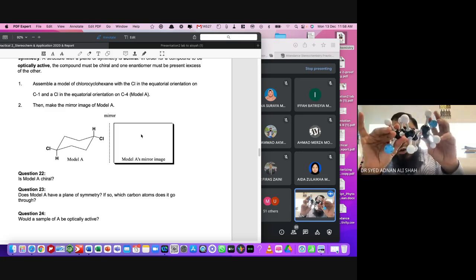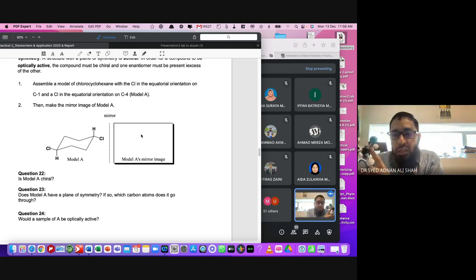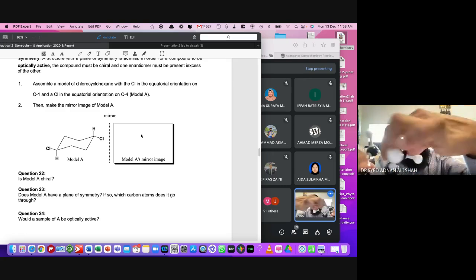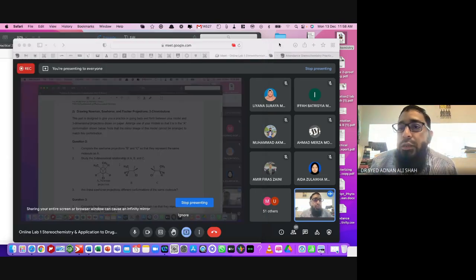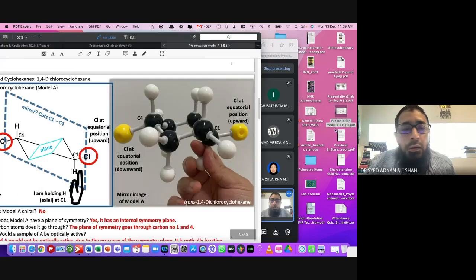So what I can do is I move this one like this and this one to the bottom. So this one will be the mirror image of this one. I can show you like this.